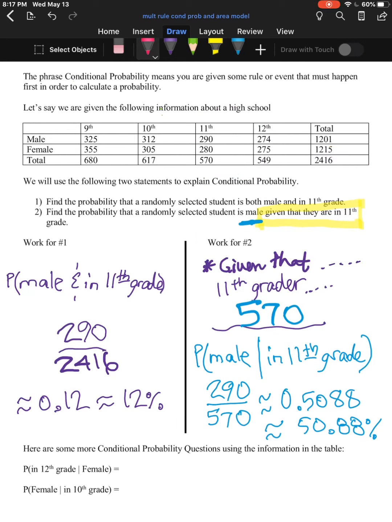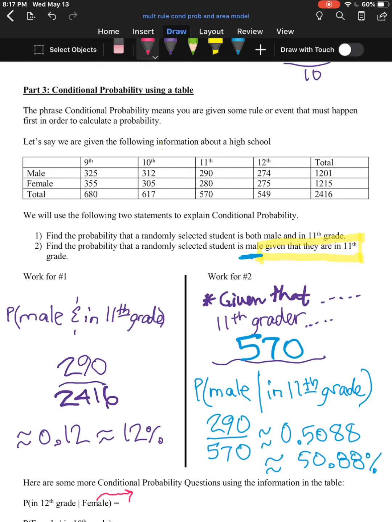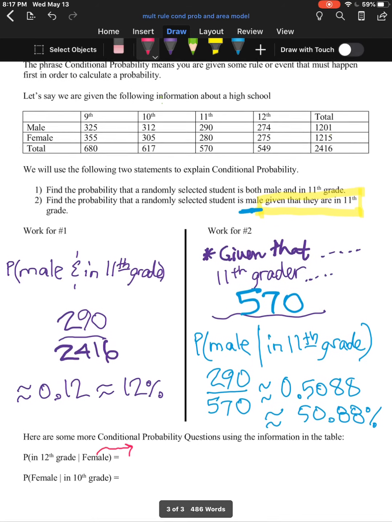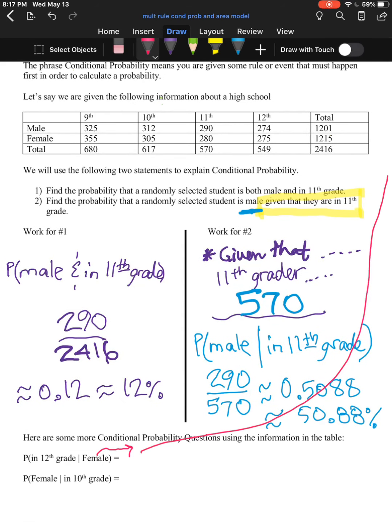So the probability that a person is in the 12th grade, given that they are a female, well, given that they're a female means I already know that they are in the female row over here. So the female row is 1,215.